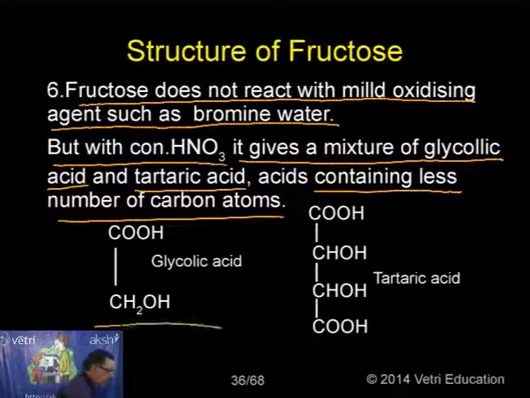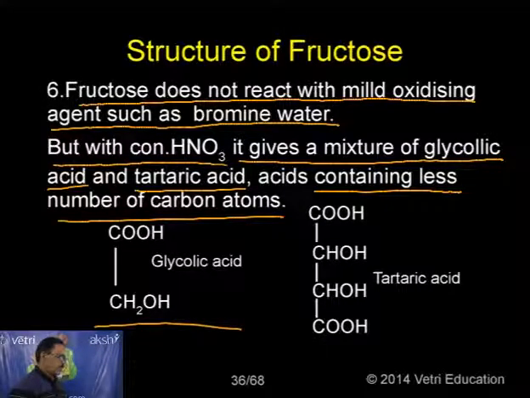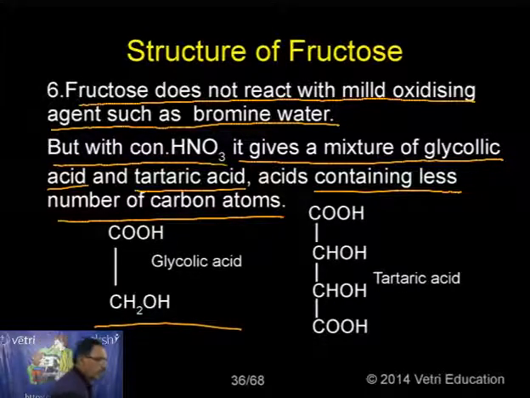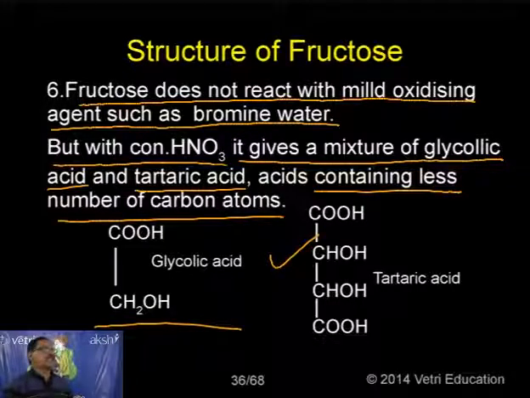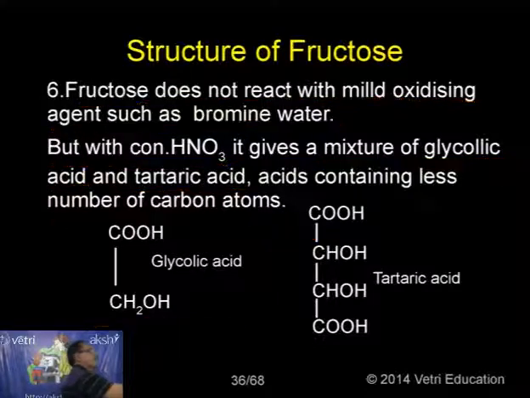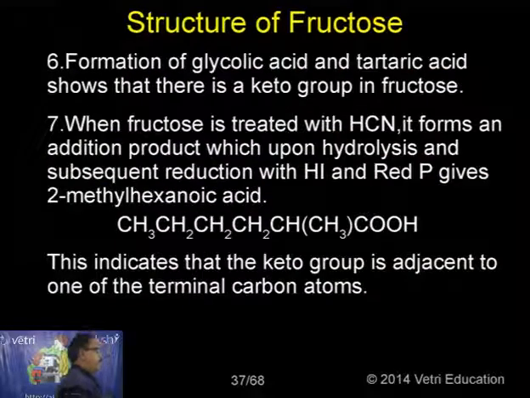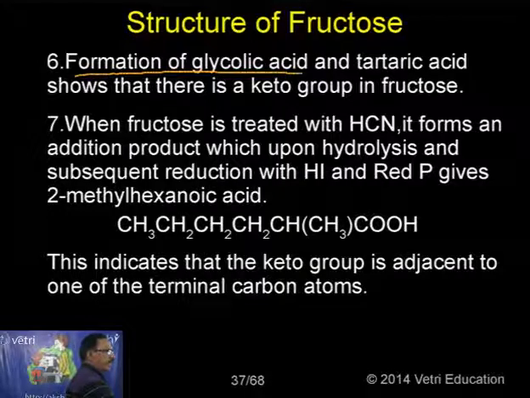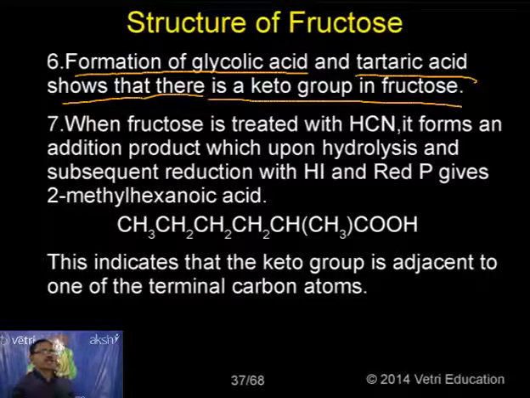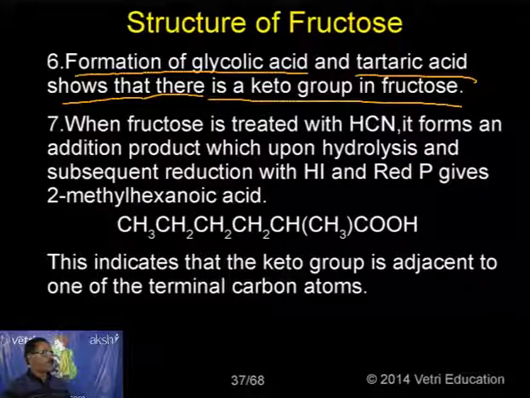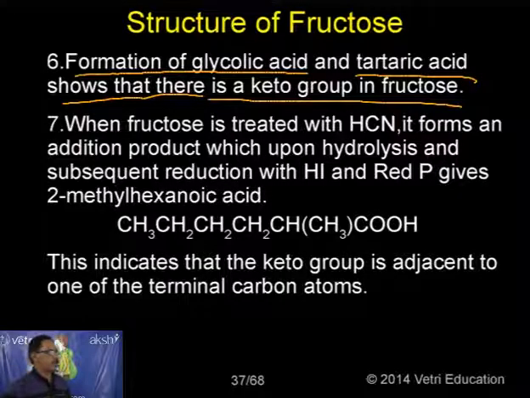This is glycolic acid, COOH-CH2OH, and this is tartaric acid, COOH-CHOH-CHOH-COOH. The formation of glycolic acid and tartaric acid shows that there is a keto group in fructose. Only if there is a keto group is this possible. Very clear idea. So that's why you call it fructose, a ketose.